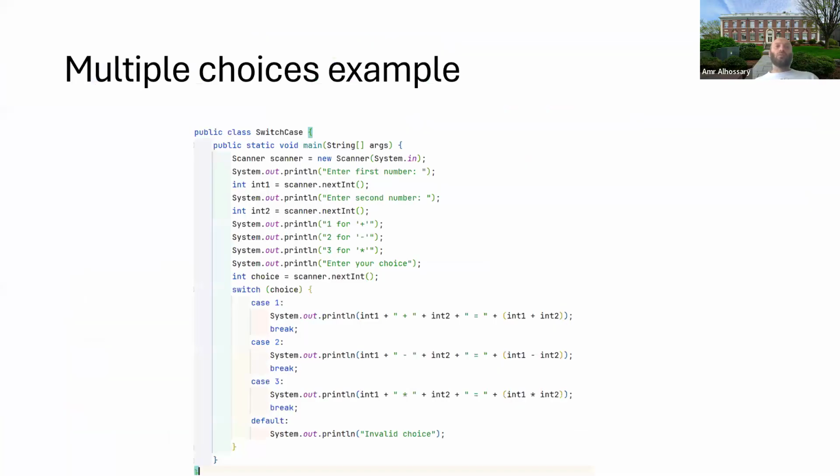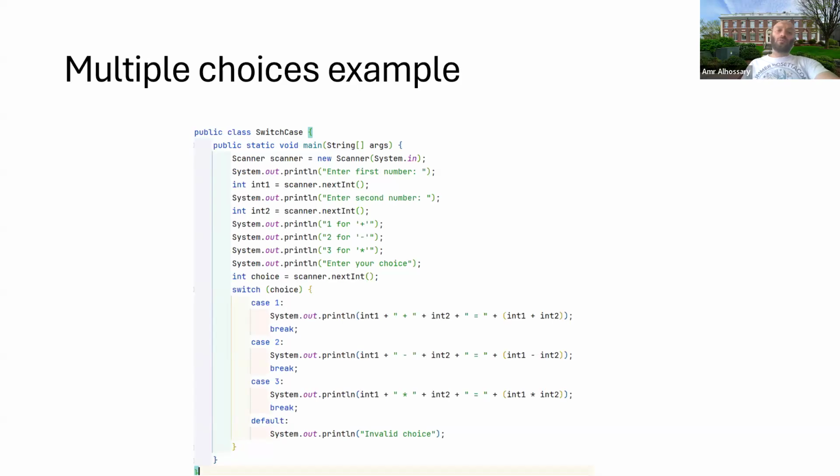Then why do we need, or why do you choose, multiple choice using switch? This is a legitimate question. If they both have the same behavior, apparently, and they look almost the same, why do we have switch?